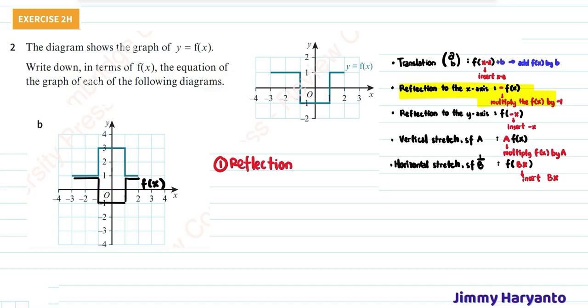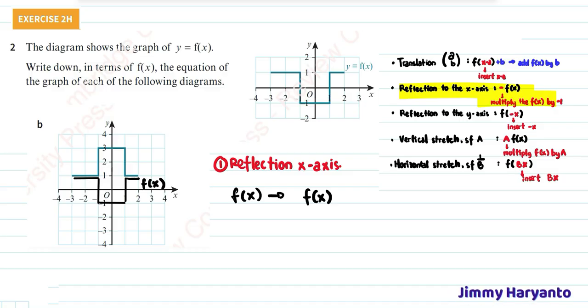Actually, you don't have to write this later when you already know. Yeah, so it will become like this, and the fx itself will become fx. When you reflect by the x-axis, you have to multiply it by negative 1. So it will become negative fx. Okay, negative fx is just like this.